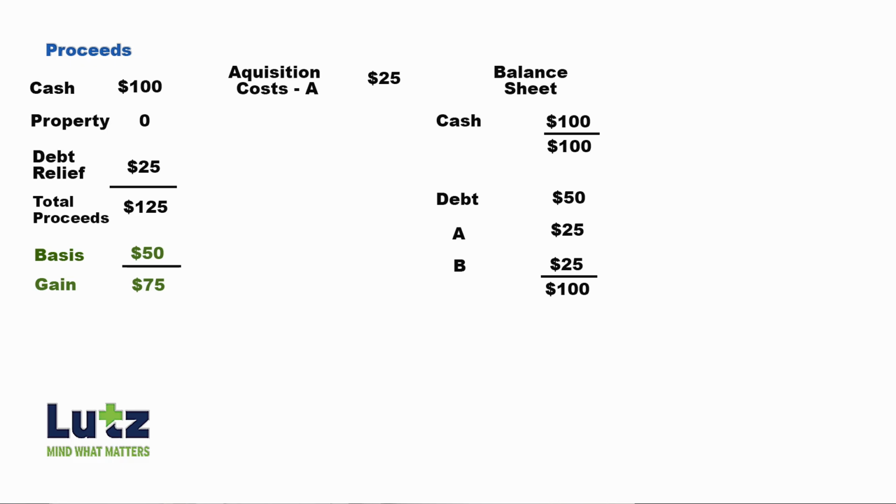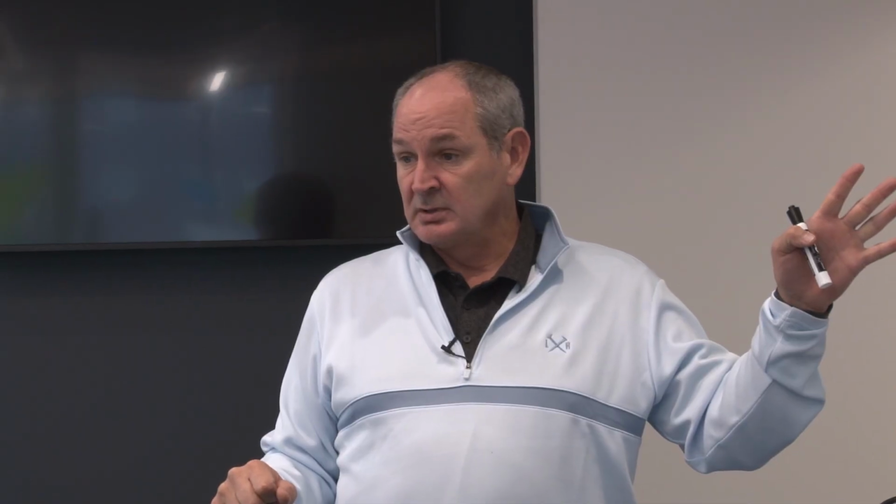So in general, in the gain/loss calculation, you can include debt as part of proceeds, but you also have to include it in basis. Or you can not include debt in proceeds, but then you don't get to take that debt into your basis. You get the same gain or loss calculation either way. It doesn't matter. Well, it does, actually.